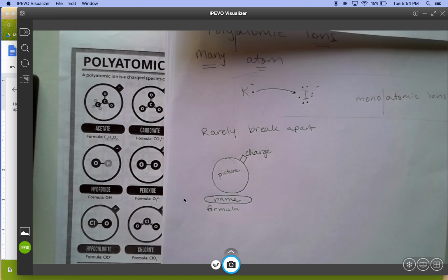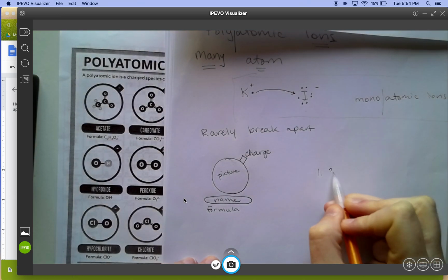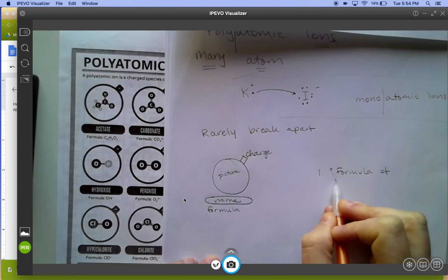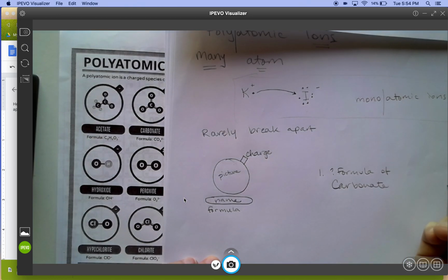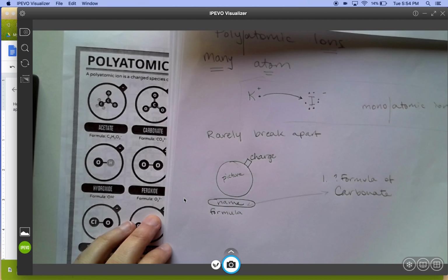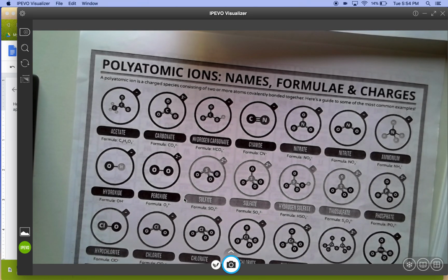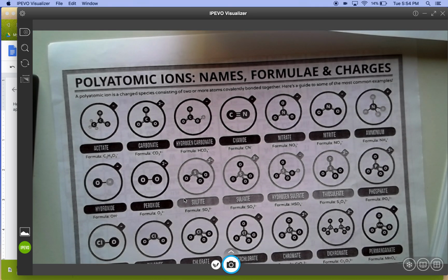All right. So your question 1 was, what was the formula of carbonate? So we are looking for a name. Carbonate is a name, and we're looking for the formula. Take your page. Carbonate's one of those polyatomics that you might see a lot.